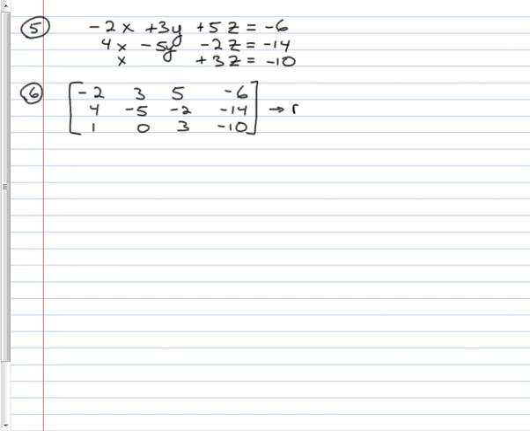I would interchange row 1 and row 3. I get my 1 where I want a 1. 1, 0, 3, negative 10. Don't do anything with row 2.